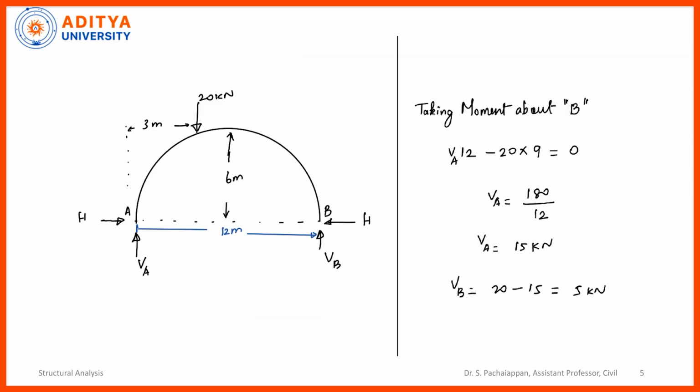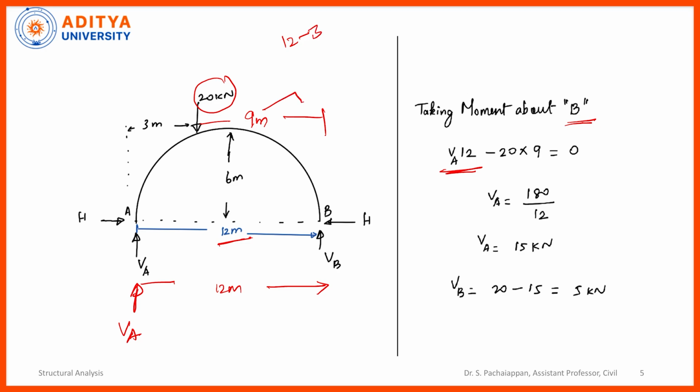Now we are going to calculate the reaction forces. So I am taking moment at point B. Taking moment at point B, force multiplied by the horizontal distance. This is the horizontal distance of 12 meters, the force is VA, so we get 12 times VA. And then this load, 20, is acting at a distance of 9 meters. How did this 9 meters come? The total distance is 12 meters, 12 minus 3, so 9 meters.